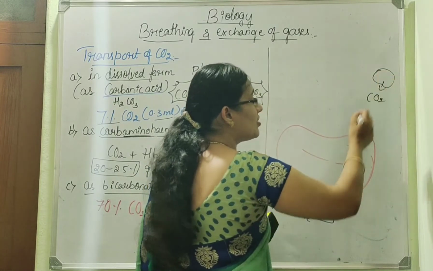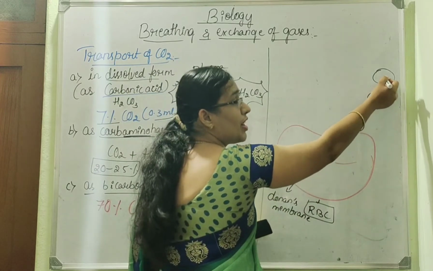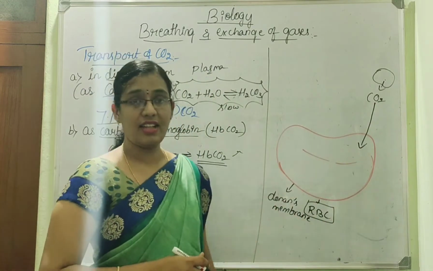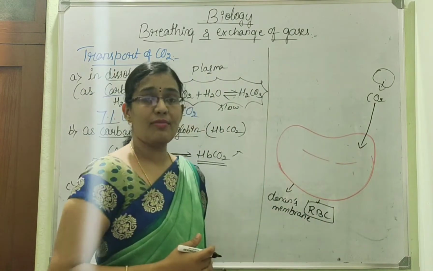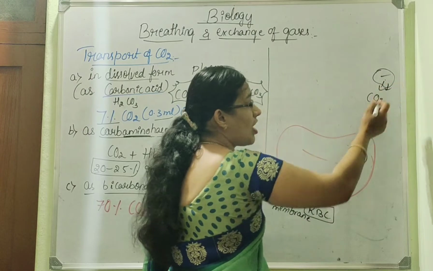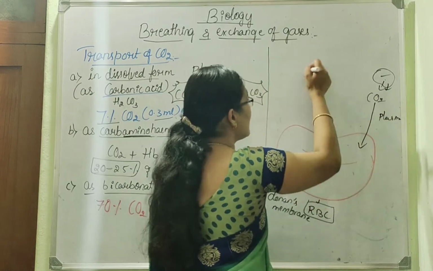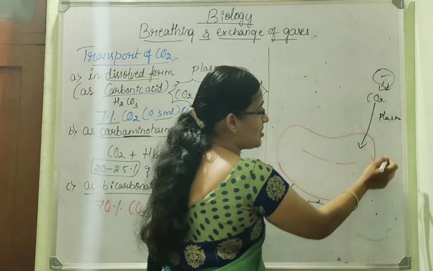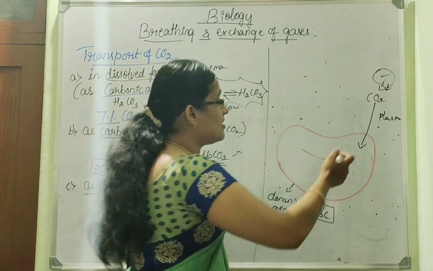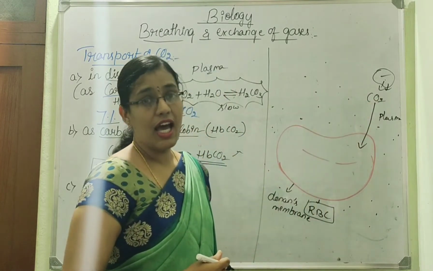These are the tissues, and from the tissues this carbon dioxide diffuses out into the plasma. Assume this as plasma; the surrounding of this RBC is nothing but plasma. And once the carbon dioxide is released into the plasma, it diffuses into the RBC.